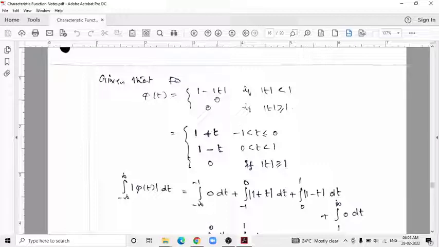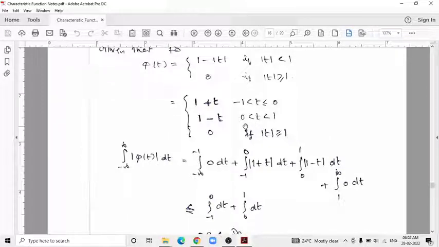So that is 1 plus t; for minus 1 to 0, phi t will be modulus of 1 plus t. Then next is 0 to 1, modulus of 1 minus t. That inner modulus t will be positive when t is between 0 and 1. That's why integral 0 to 1, 1 minus t dt.